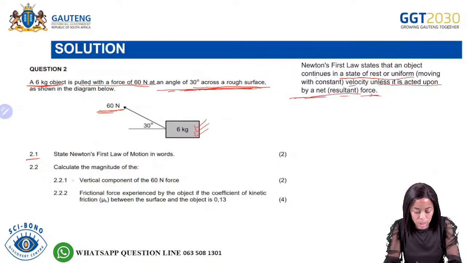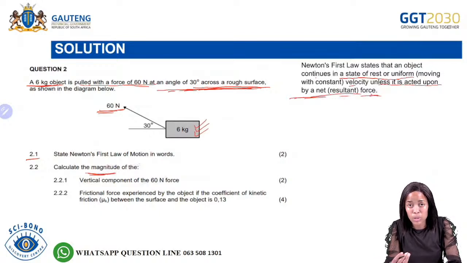Then 2.2 says you must calculate the magnitude of the vertical component of the 60 Newton force. So remember, when we speak of the word magnitude, then we are speaking about the size of that particular vector, or of that particular force that you are calculating.